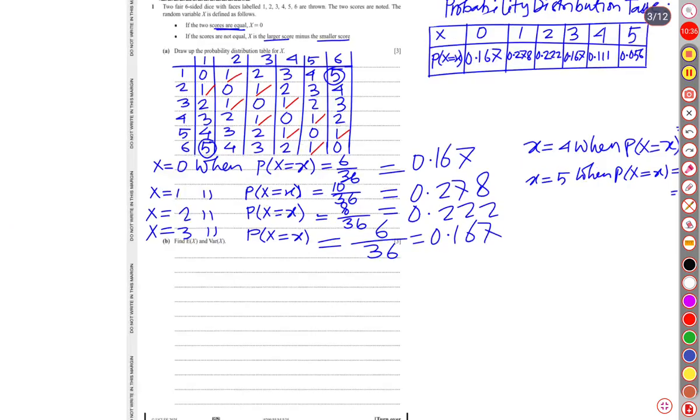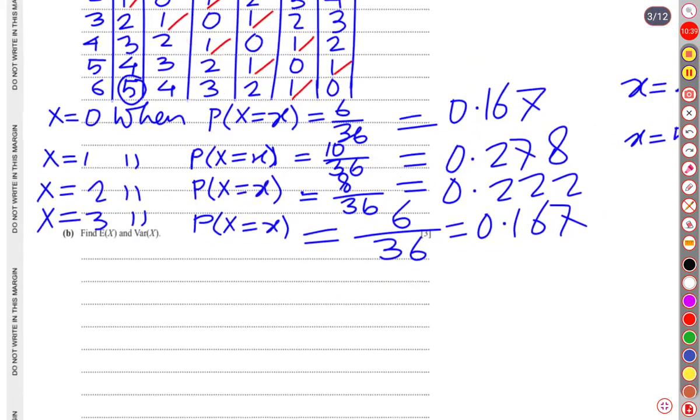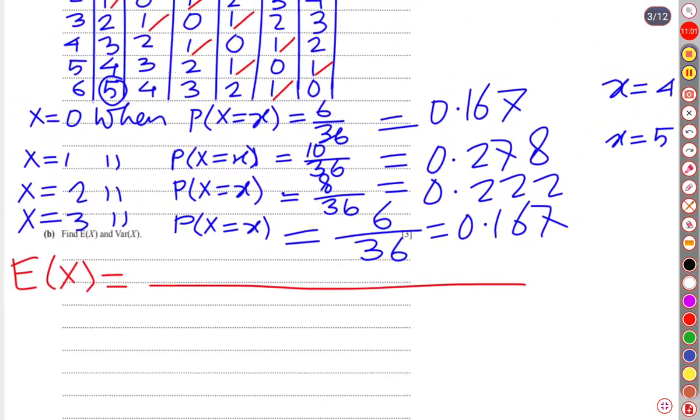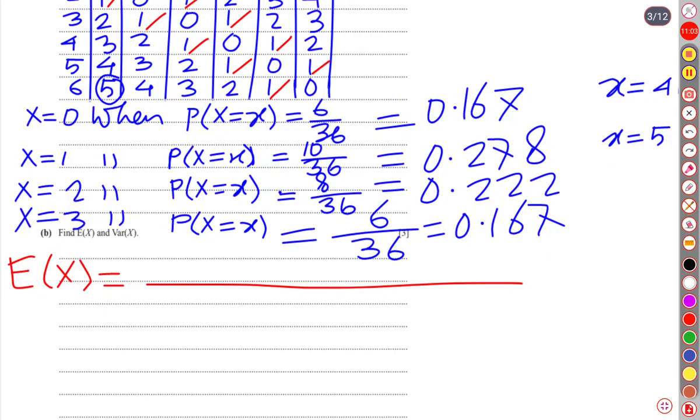And we know E(X) is equal to, let me change the color of the ink, E(X) is actually the mean value. So how can we find the mean? Our denominator in all cases is 36. Look at this, it is just 36 in every case.